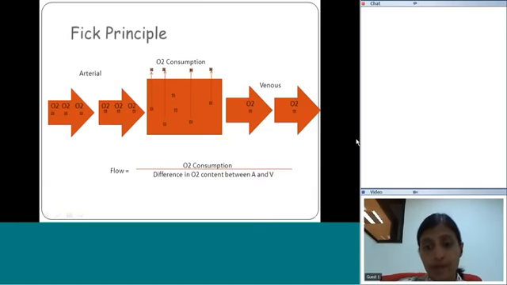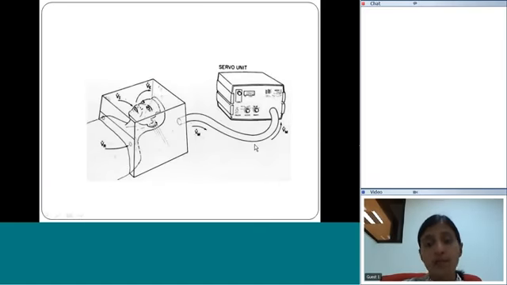Now this illustration is just to demonstrate how oxygen consumption can be calculated. Now, in the ideal world, we want to calculate the oxygen consumption on a case-to-case basis. But you can see how practically impossible it is.